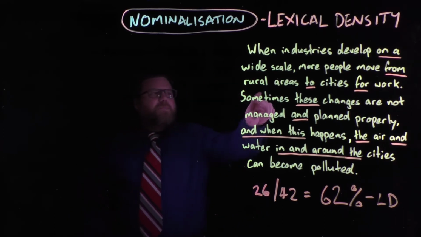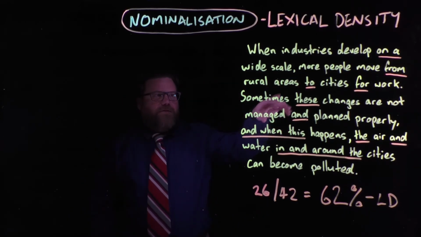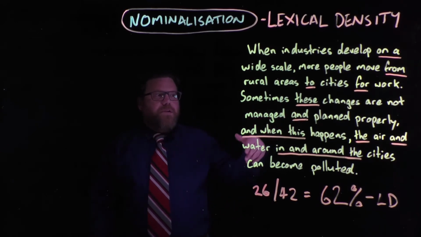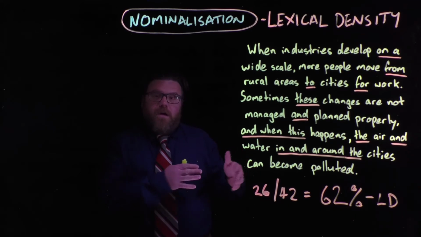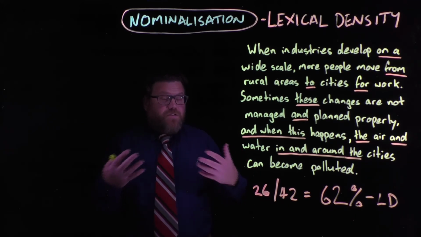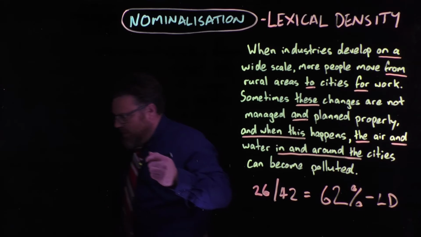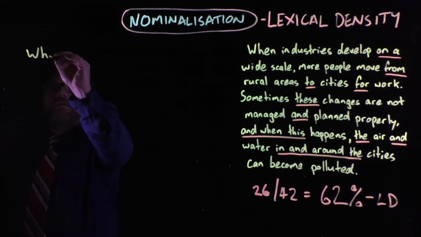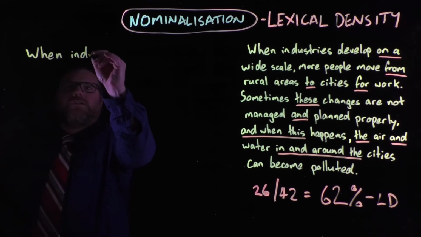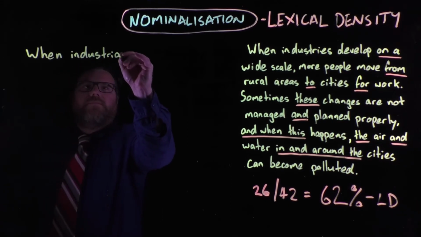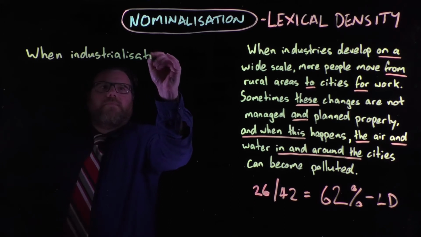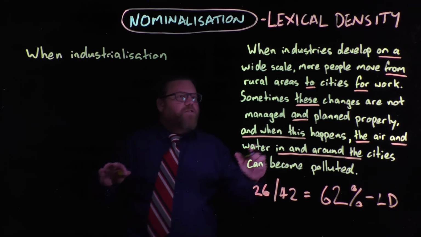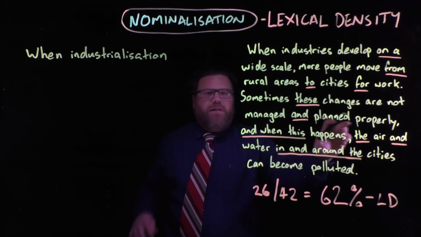Alright, so let's see what happens when we nominalise. So we're talking here about industrialisation, when industries develop on a wide scale. And then more people moving from rural areas to cities for work. We're talking about urbanisation. So there's 2 nominalisations we can use straight away. So if we start the sentence as when industrialisation, but we are talking about urbanisation that hasn't been managed and planned properly.